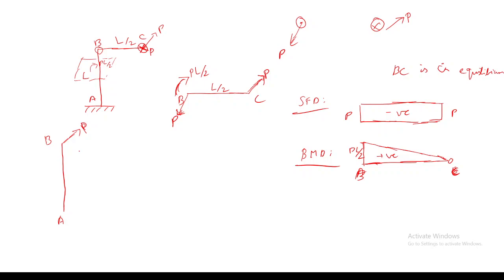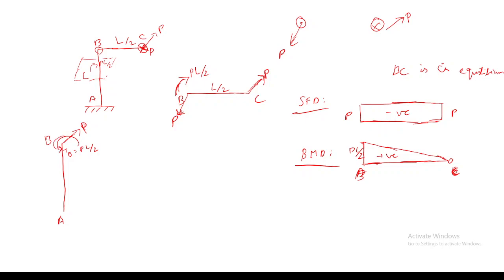And again the direction should be inverted. So it will be something like this. TB equal to P into L by 2.